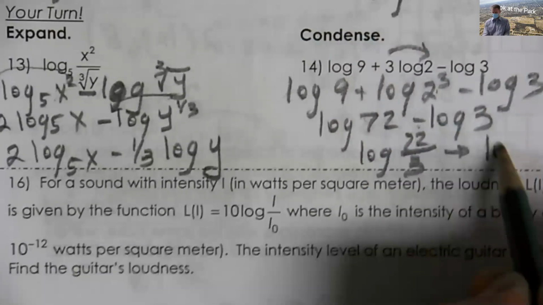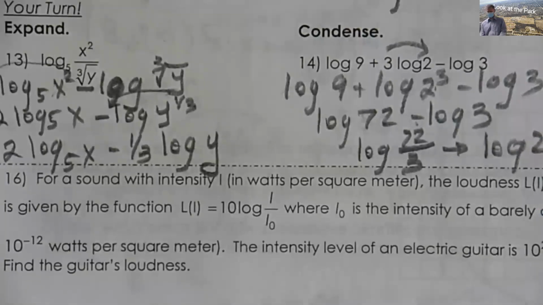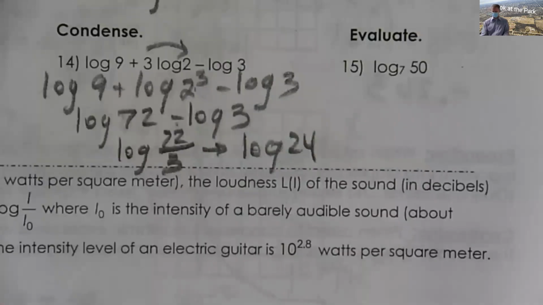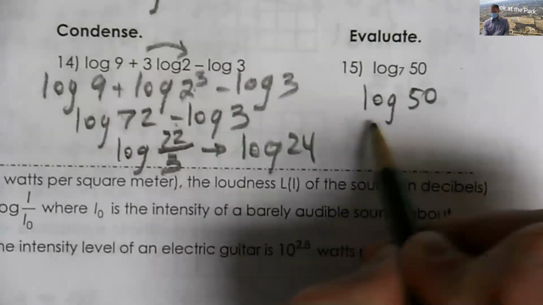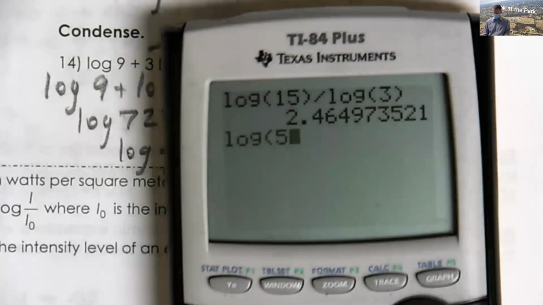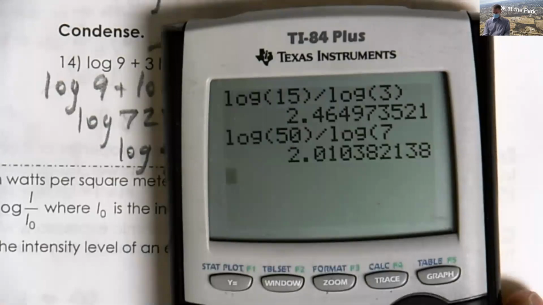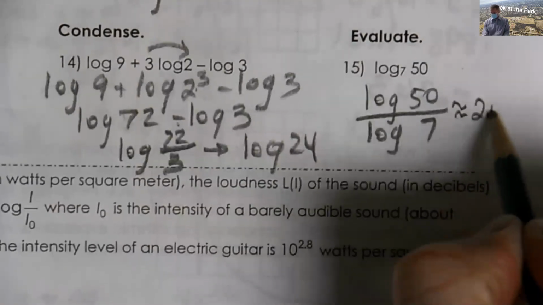So we get log of 24. And then we can use the change of base formula to approximate what this would be. Log of 50 divided by log of 7 gives us approximately 2.01.